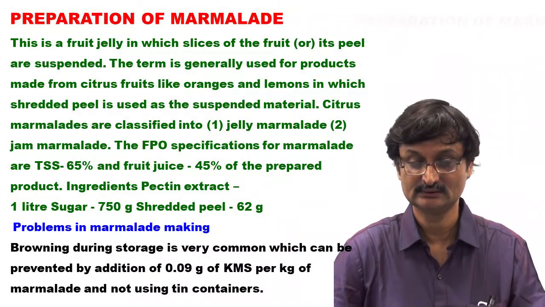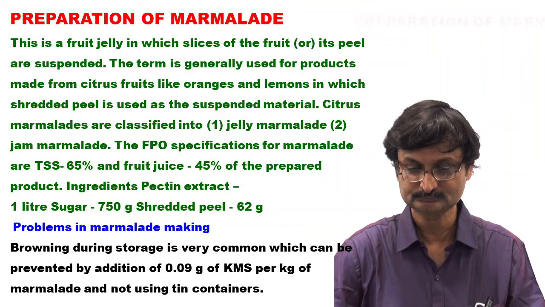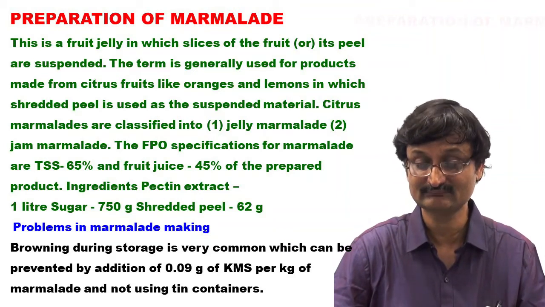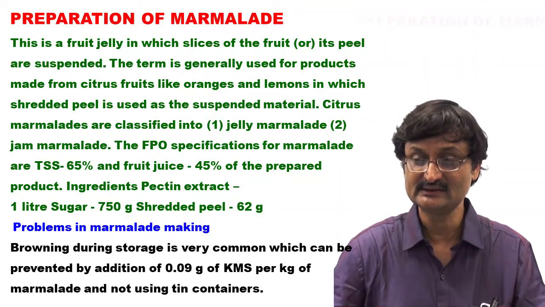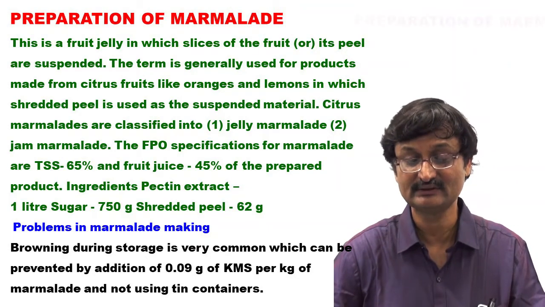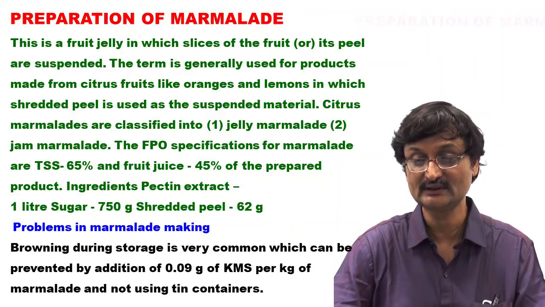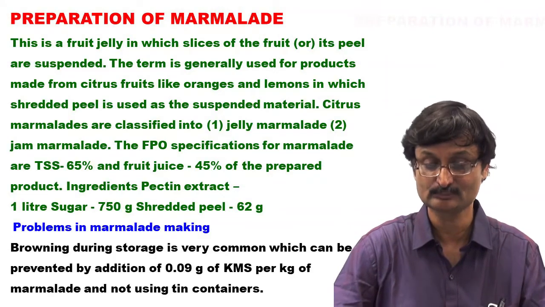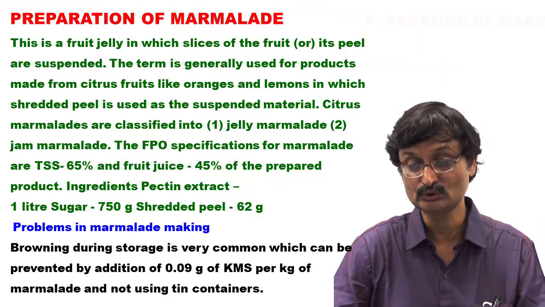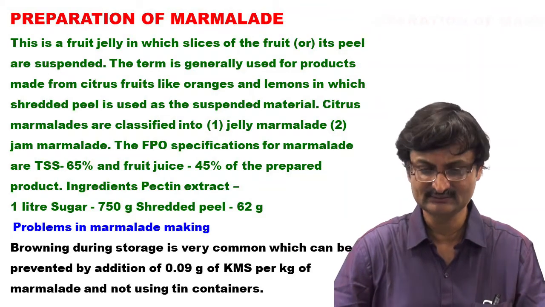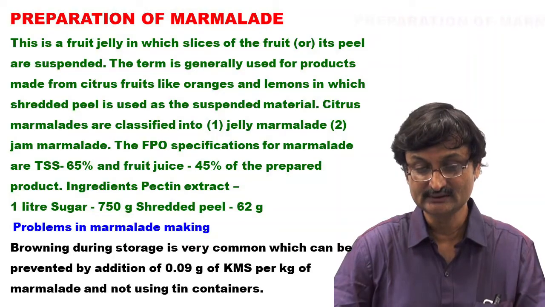Preparation of marmalade. Already we have discussed that marmalade is jam or jelly of citrus fruit having fine shreds of citrus peel suspended in its body. It is a fruit jelly in which slices of the fruit or peel are suspended. The term is generally used for products made from citrus fruit like orange and lemon.